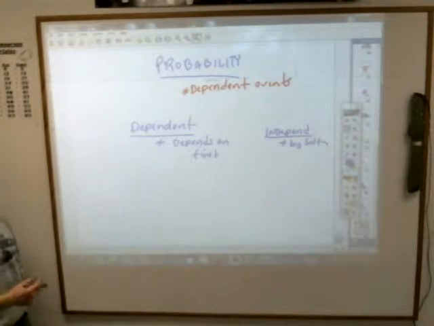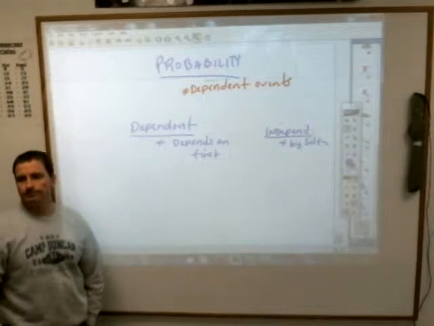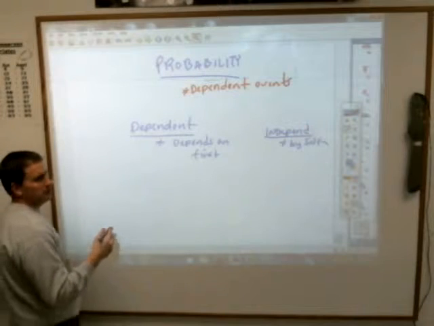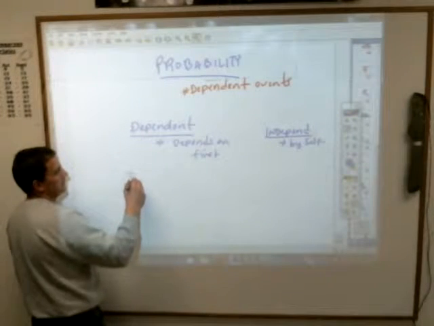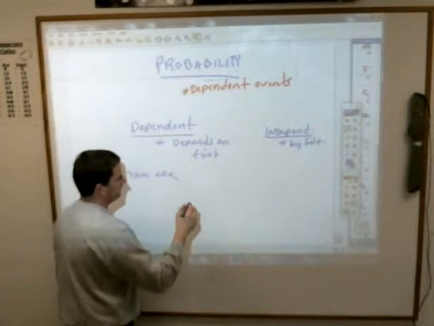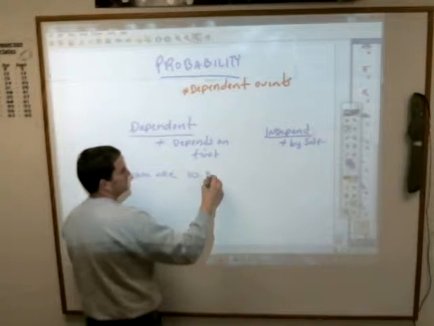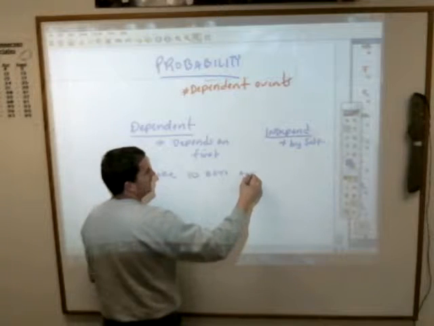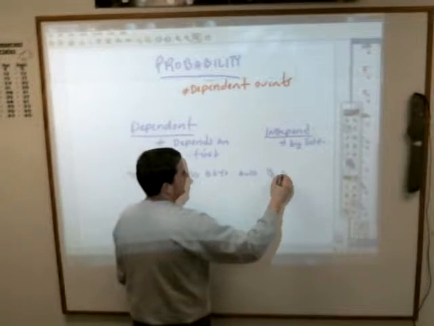And here's an example. Let's just say, how many 7th graders are there? 18. There are, how many boys? 10 boys and 8 girls.